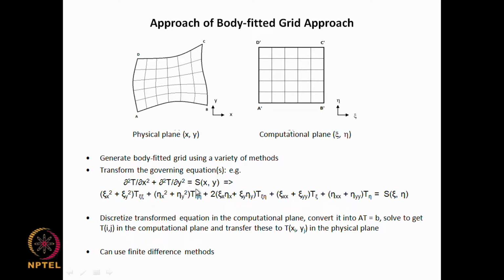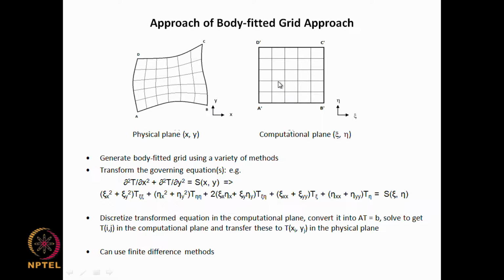This transformation is fairly easily derivable, and we have a transformed equation which is then discretized using finite difference principles on a uniform mesh, and then that gets converted into an AT equal to B type of equation in the computational plane, the solution of which will give us the values at the grid points in the computational plane.